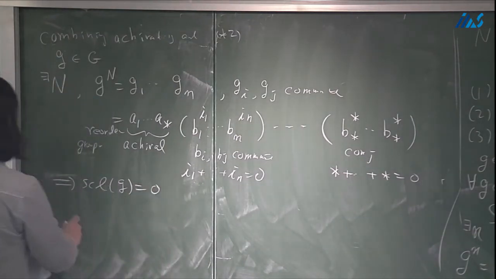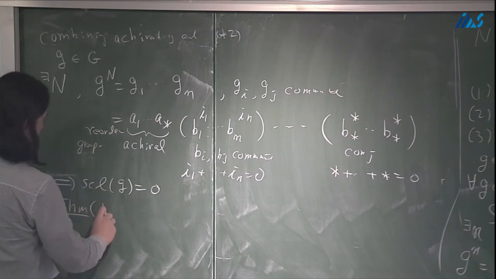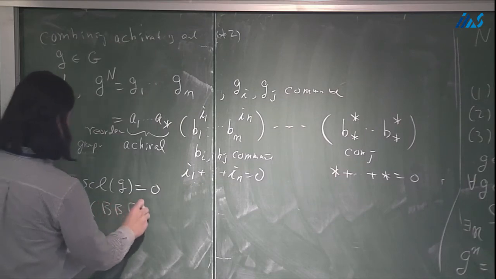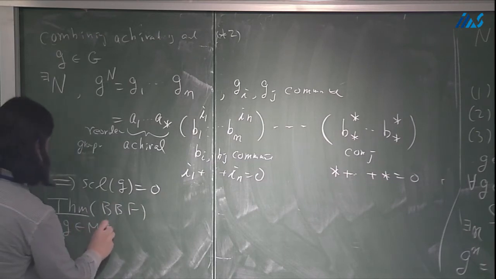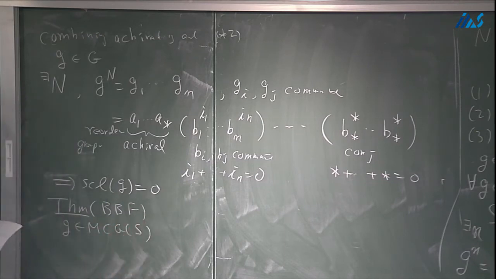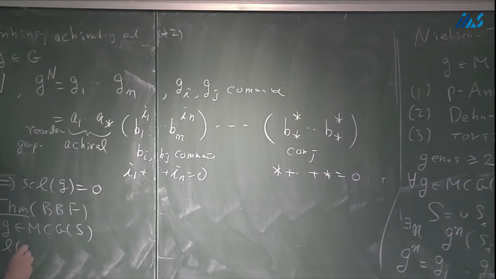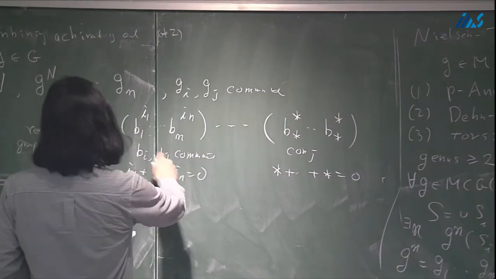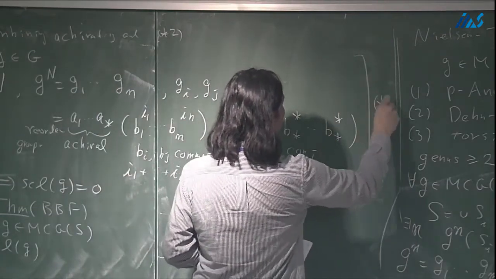Okay, so here is the theorem. I don't know, just a weird BBF. So you have an element in the mapping class group. Then stable commutator length, actually, let me write, so I just write this condition star.